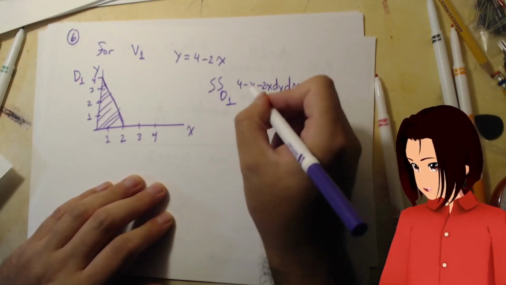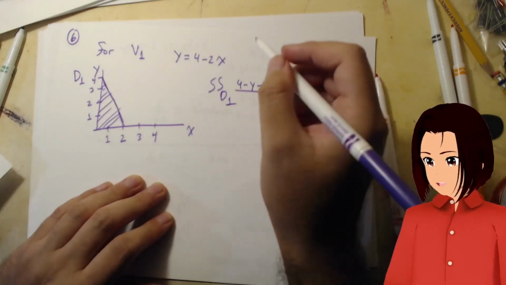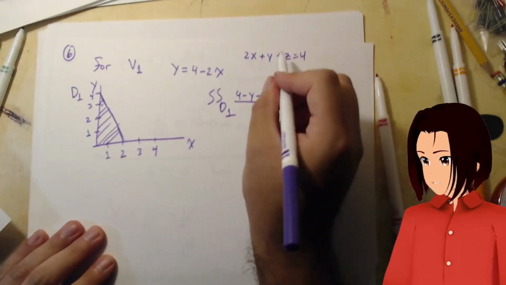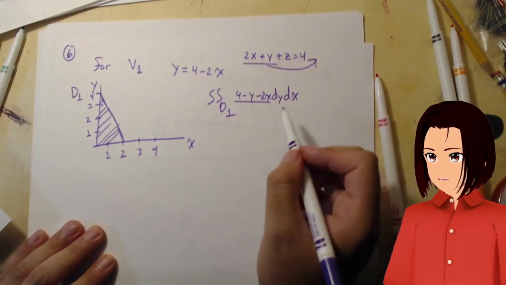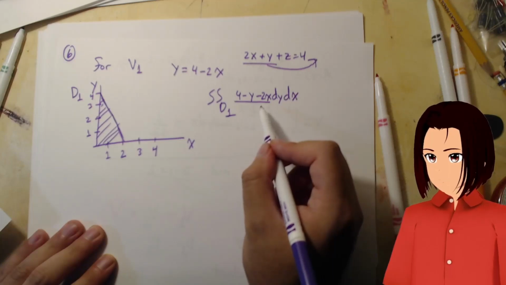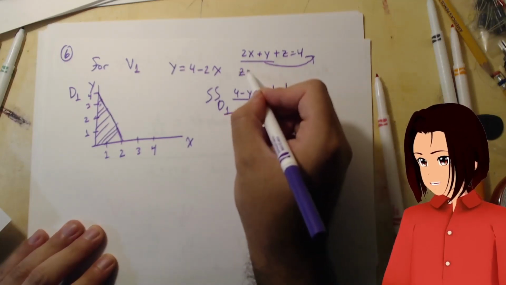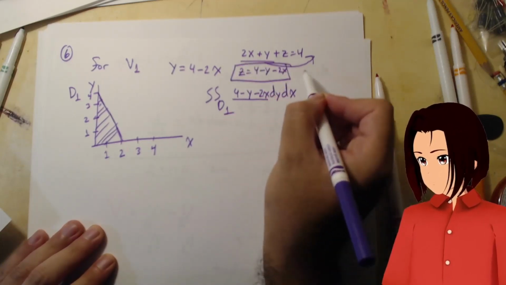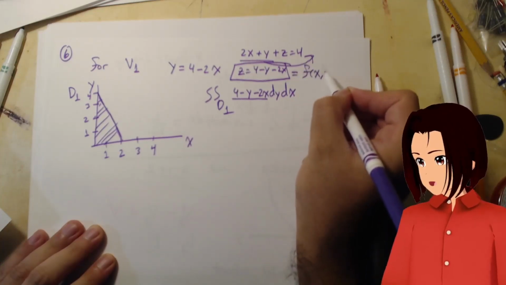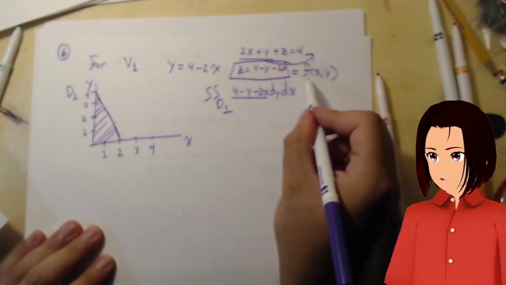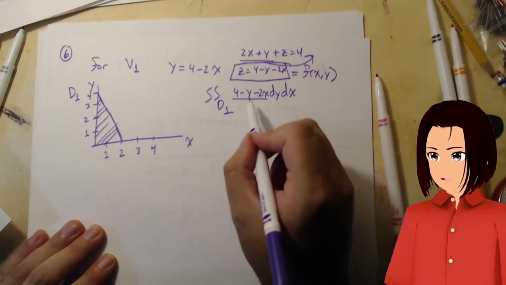And this guy just comes from moving all these terms to that side of the equation, because z is equal to 4 minus, so that is our f of x y. And that guy just goes right here.